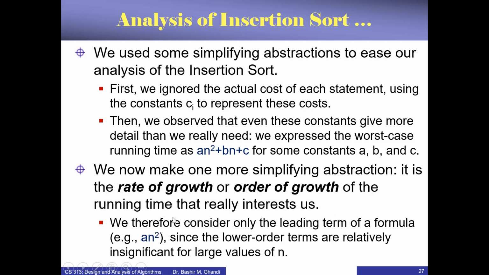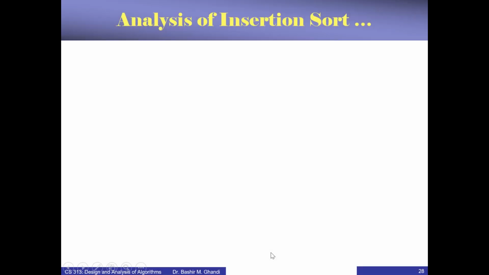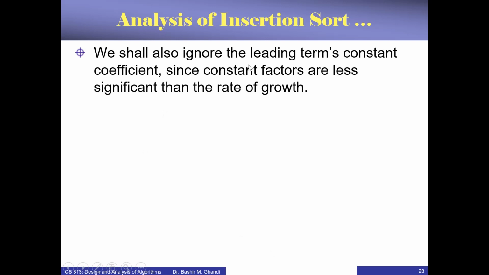If the running time function turns out to be quadratic, we are only concerned with the term that has the n squared, ignoring the lower order terms because they are insignificant compared to the higher order terms. We shall also ignore the leading term's constant coefficient, since constant factors are less significant than the rate of growth.